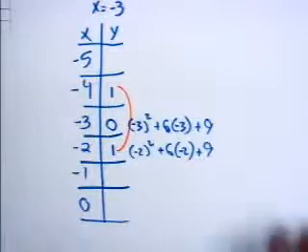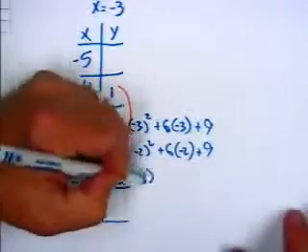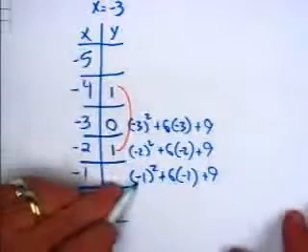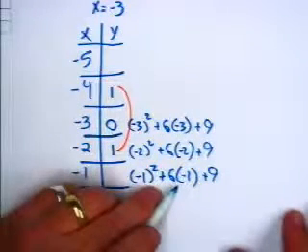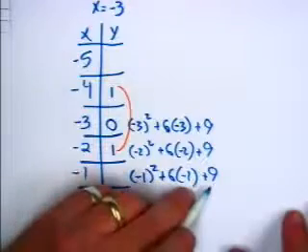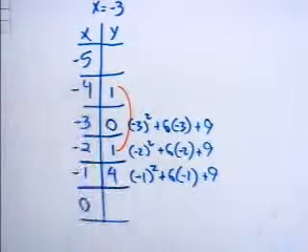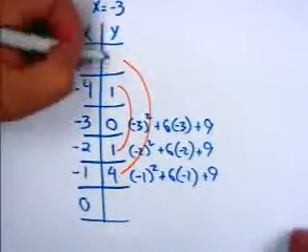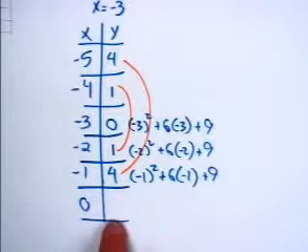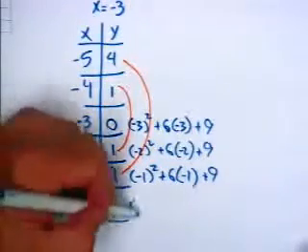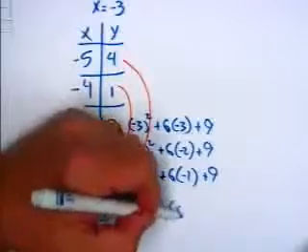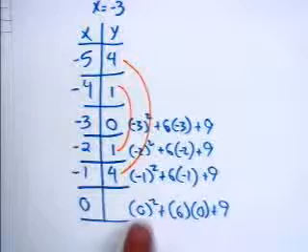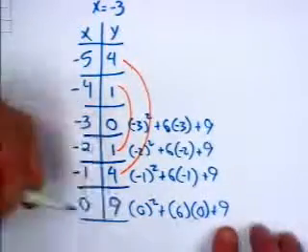So next I'm going to do negative 1 squared plus 6 times negative 1 plus 9. 1 plus negative 6 is negative 5. Negative 5 plus 9 is 4. And I know those two match. So this is 4. And I'm going to add one more point. I'm going to do 0 because it's so easy. 0 squared plus 6 times 0 plus 9. So 0 plus 9 is 9.